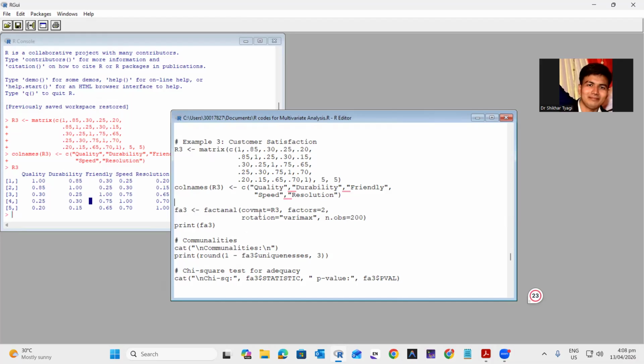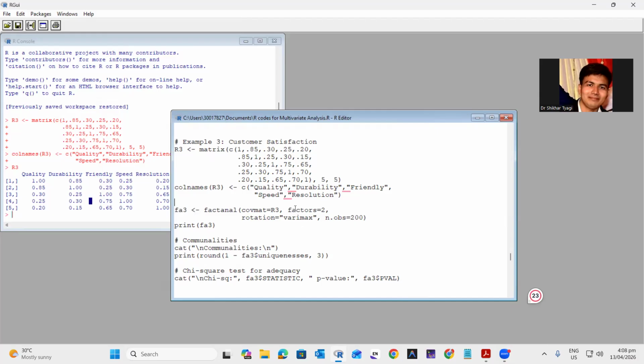Here covmat equals R3 tells us that R3 is a covariance or correlation matrix rather than the raw data, and factors equals 2 means we are requesting two factors. And rotation equals varimax applies the varimax rotation, which is basically an orthogonal rotation that makes loadings easier to interpret by pushing variables strongly towards one factor or the other.